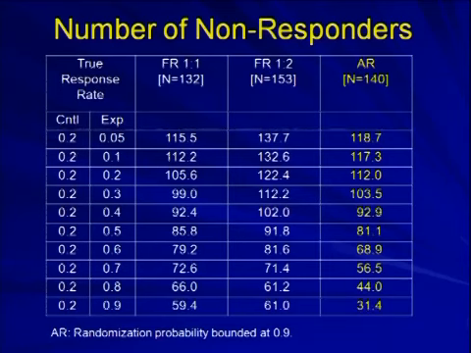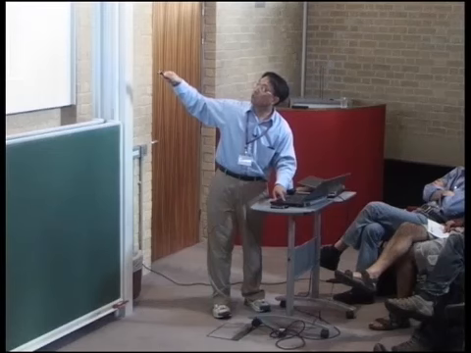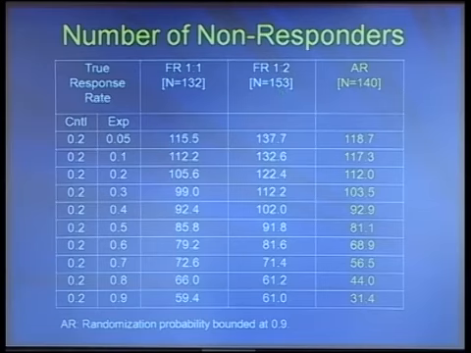This is taken from Korn and Freidlin's paper, and we simulated. Basically, we had a control group and an experimental group, and here it shows the response rate. With one-to-one randomization you need 132 patients, with 1-to-2 randomization you need 153 patients, and with adaptive randomization you need 140 patients.